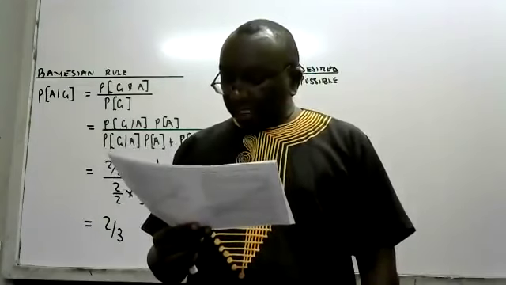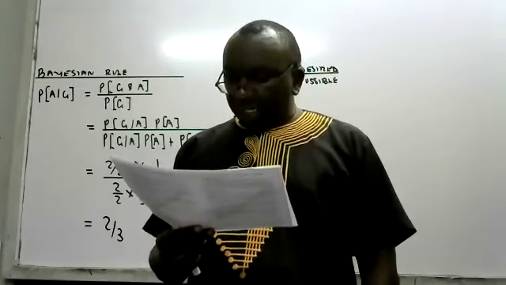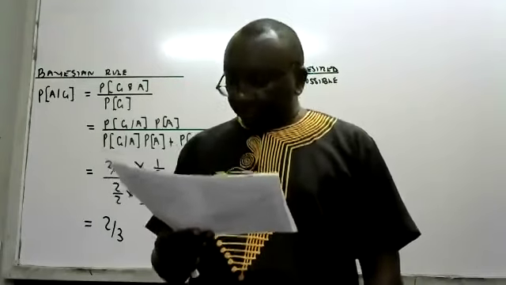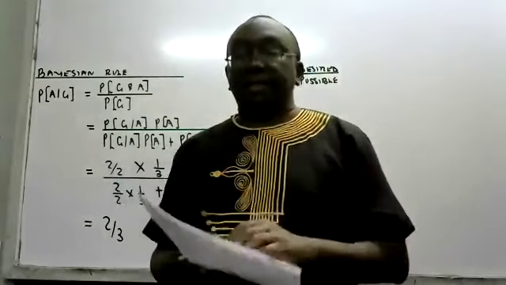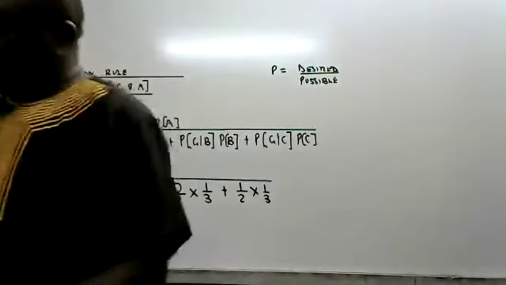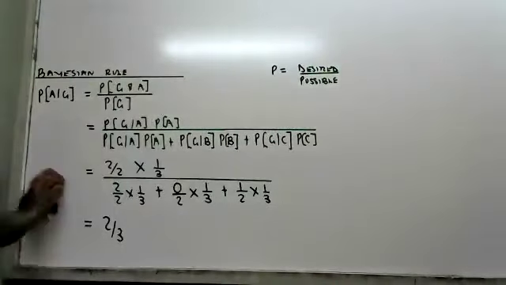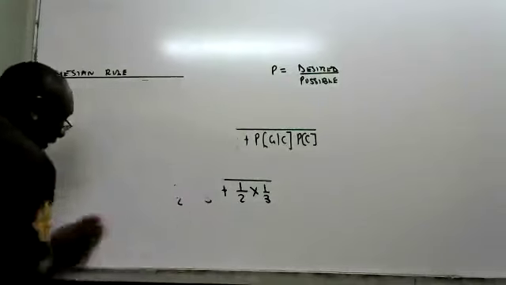The machine was set, and before commencement of production, one piece was inspected and found to be defective. What is the probability that the machine was set up correctly?